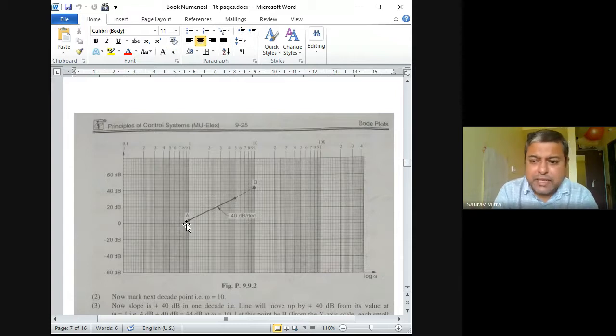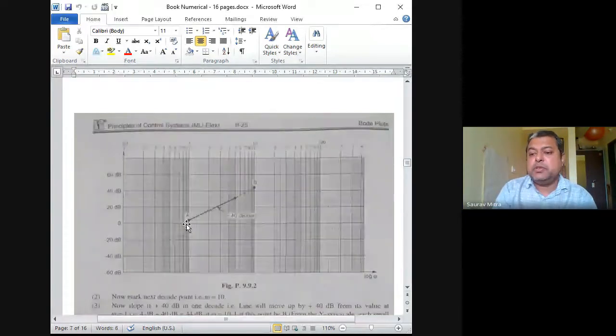If it goes up to 10, then it will attain an amplitude of 4 plus 40, that is 44. But we are asking you to stop at 5, because maybe at 5 there will be something else added. So there is another component at 5. I'm just teaching you the steps: how to draw a slope starting from some point up to some point, but stop in between.